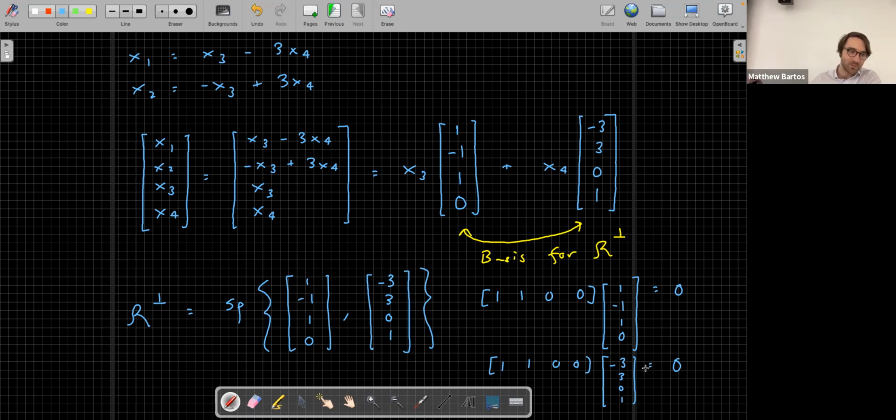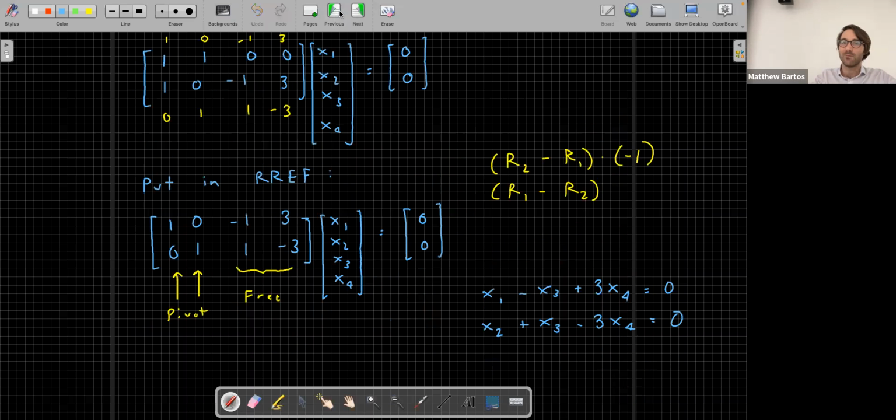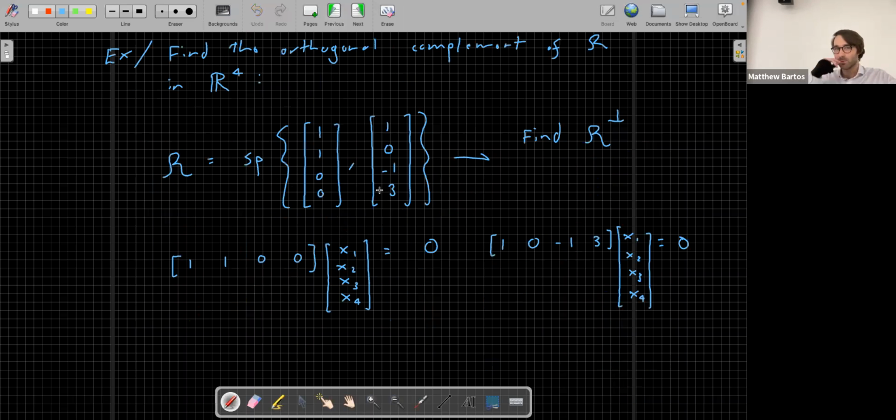Also, one important thing to note here is that the bases that we found are not orthonormal. Okay, so generally we'll want to find bases that are orthonormal. Our original set of vectors was not orthonormal, and they're also not orthogonal to one another, right?